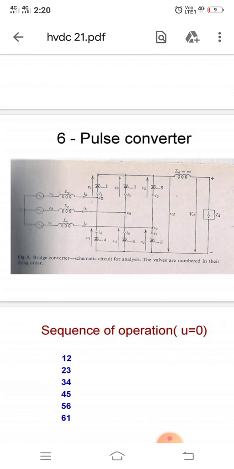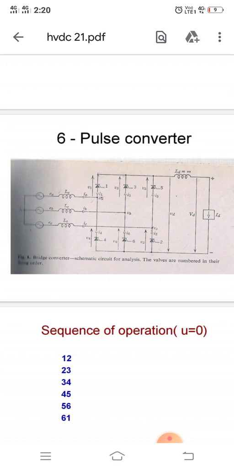Now I will speak out that differential equation. According to Kirchhoff's voltage law, this circuit gives L dIA/dt plus R IA equal to VA minus EA. This is the Kirchhoff voltage law equation for this circuit diagram.